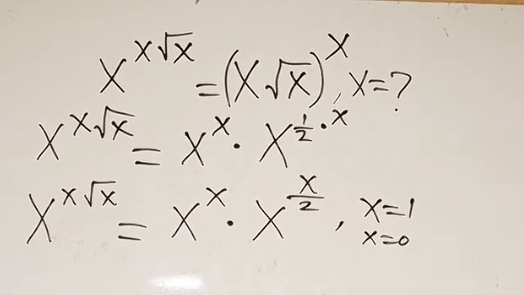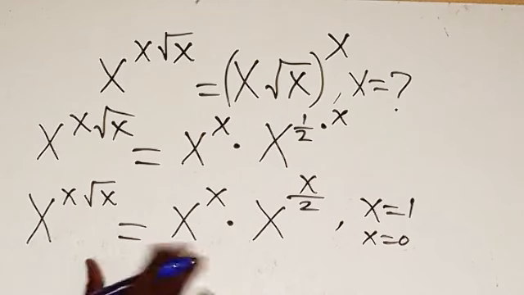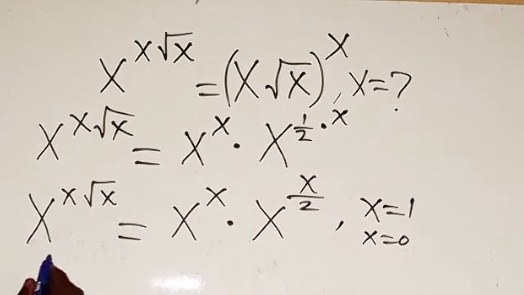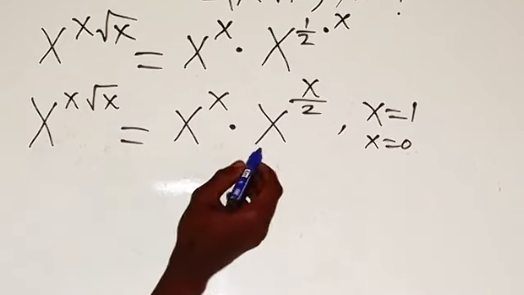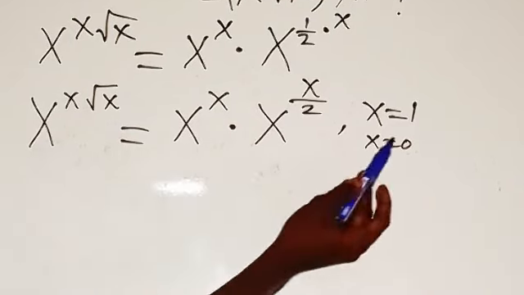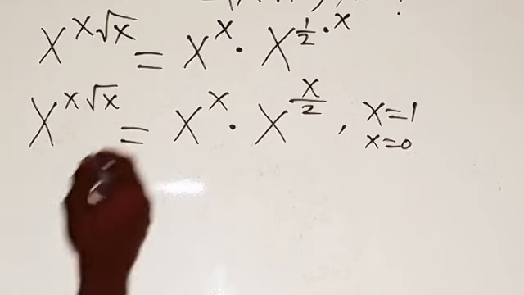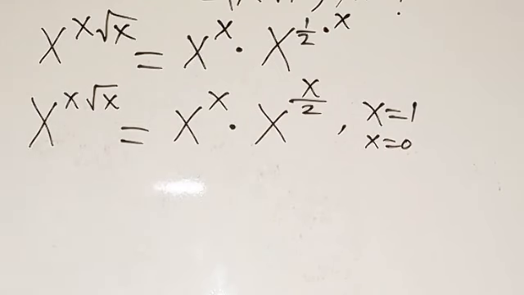But how am I going to get x equals 1 without guessing, okay? So that is what I'm trying to do. So now from here, don't make the mistake, since we are having x here, x here, x here, of just cancelling out the bases, okay? So now let's see how we can solve for that.